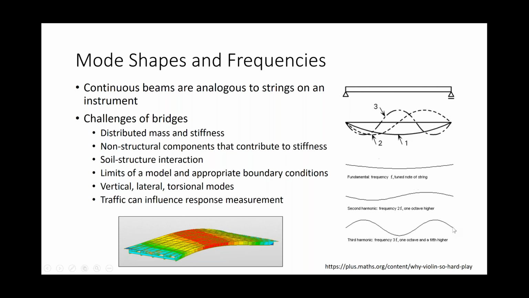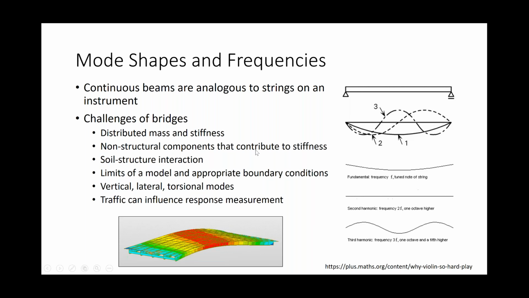If you're thinking about this in terms of music, that's probably a good thing. When you pluck a string, it should oscillate in this first mode. If you've ever plucked a string but held your finger right at the middle of it, you've played a harmonic on a guitar, you're forcing this mode of vibration. So there's a good analog between music and the frequencies in music with the frequencies that structures move through.